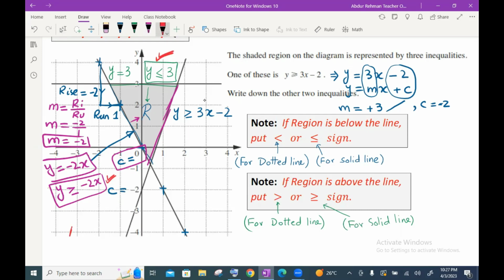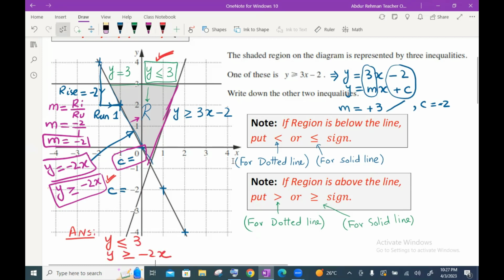So write down the answer: the inequalities y is less than or equal to 3 and y is greater than or equal to -2x.